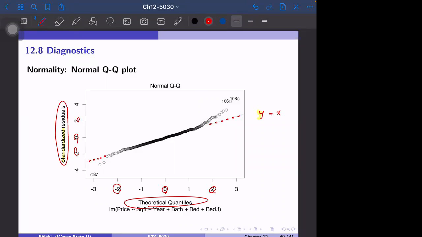If all observations are on the line, then we can say the observations are normally distributed. But actually, we have some discrepancy here. Not too severe, but the error distribution, the residual distribution, is heavier than the normal distribution. So it is a slight violation of the normal curve.